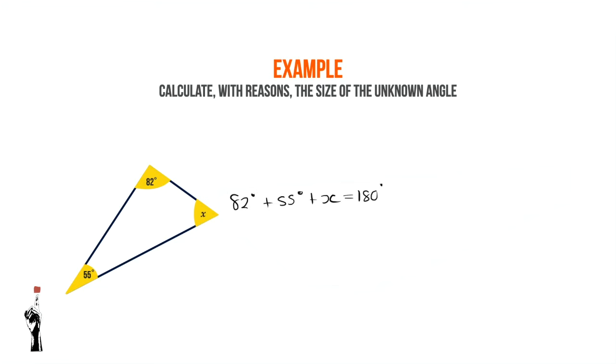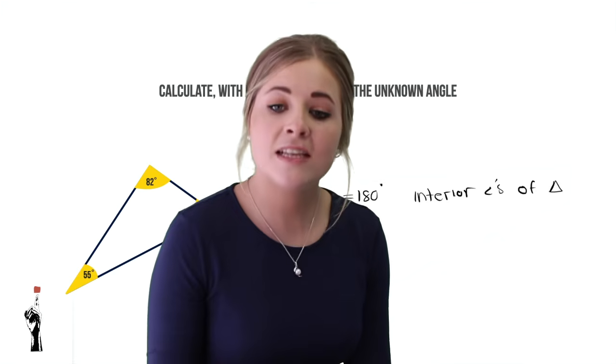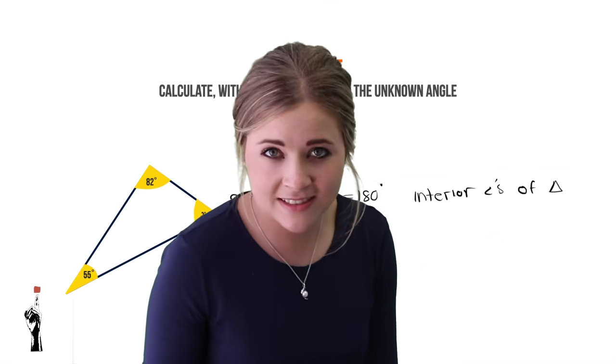But now I need to say why I am saying this adds up to 180 degrees. And that is when I write my reason on the right-hand side and I say interior angles of a triangle. It is okay for me to write angles like this. This will also be marked correct in tests.